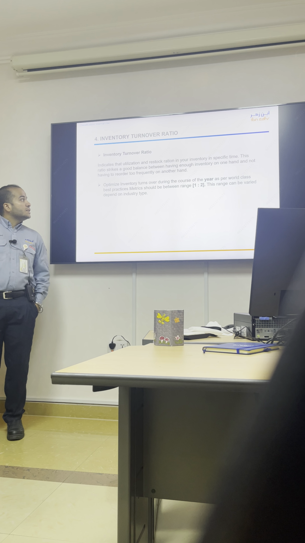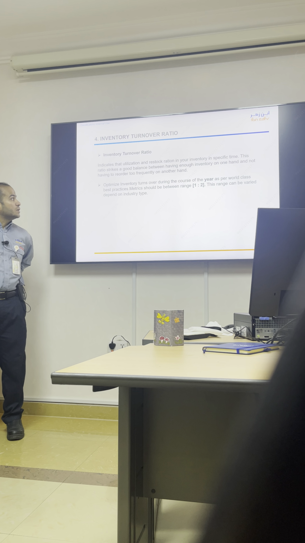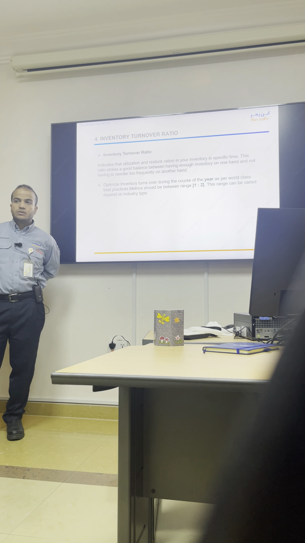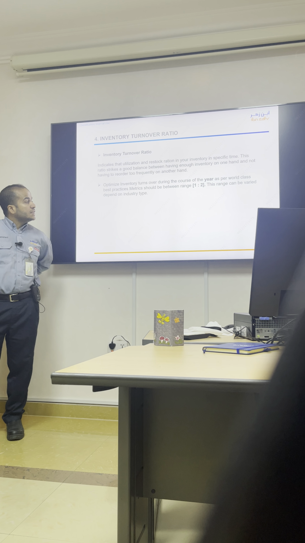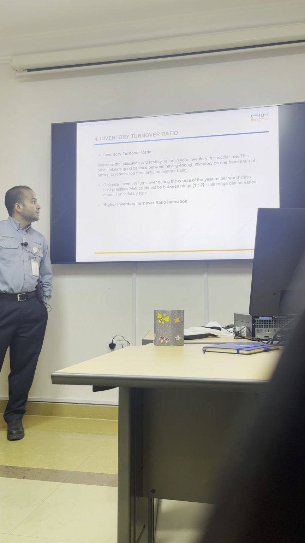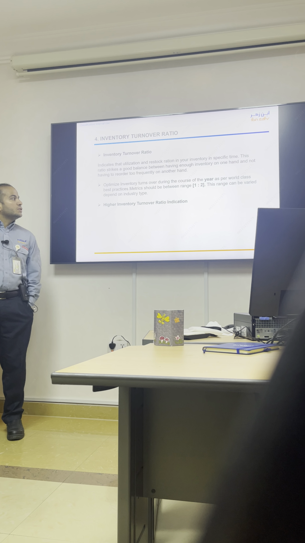Next point, optimize inventory turnover during the course of the year as per world class best practice. I have this best practice book I will share with all of you. It's a range between 1 and 2, and this range can vary depending on industry type. Next one, a higher inventory turnover ratio: what does it mean? It indicates insufficient inventory. Inventory is not complete, and it can lead to plant shutdown.